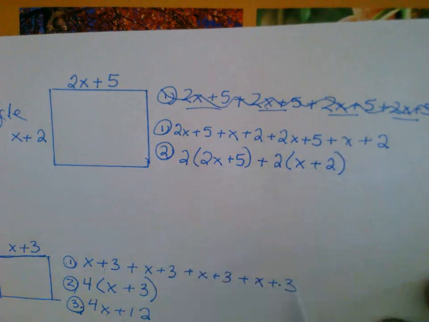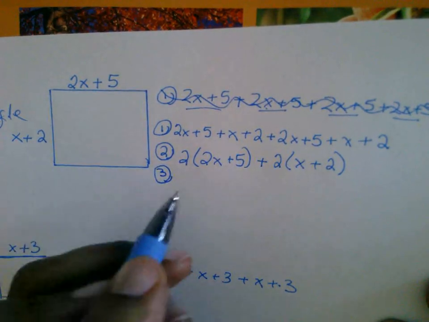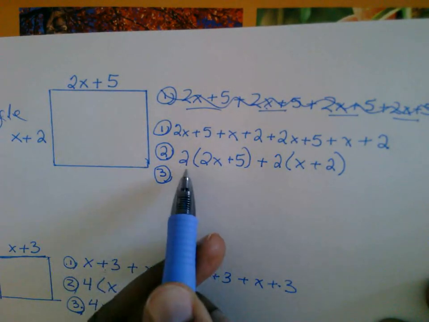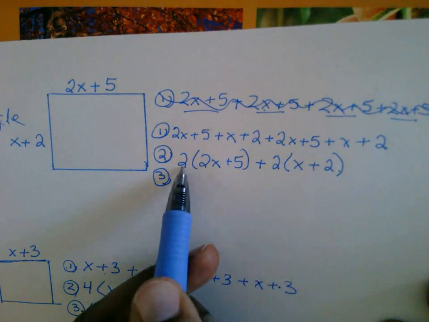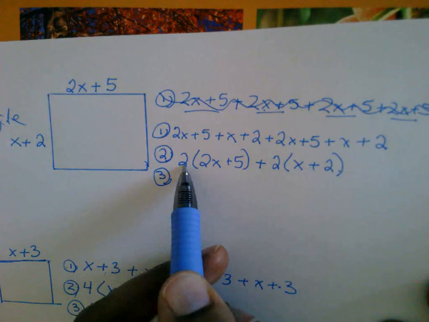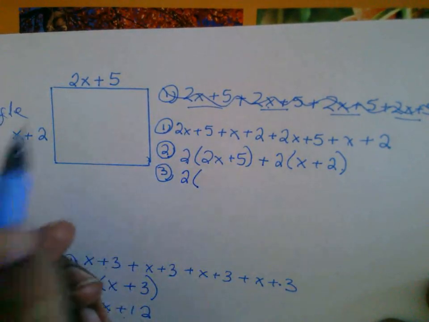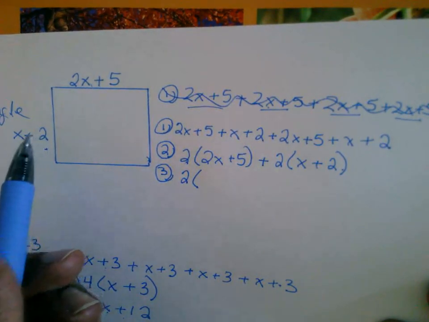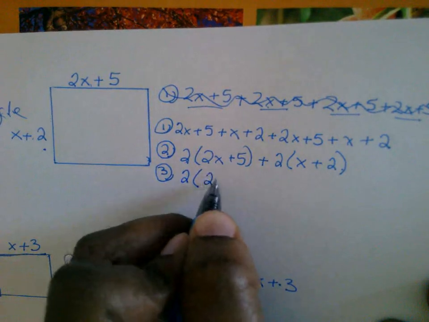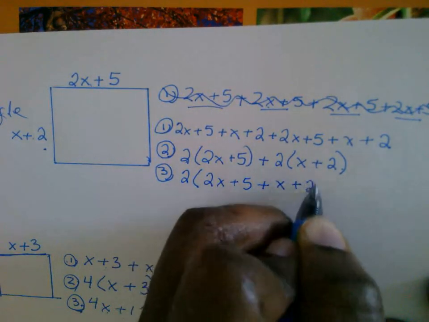Okay. Now, I think there's another way to write this one that we did not write yesterday. We could take this same expression and we can write it with just 1, 2. And we could say that it is 2 times both of these in the same set of parentheses. 2x plus 5 plus x plus 2.